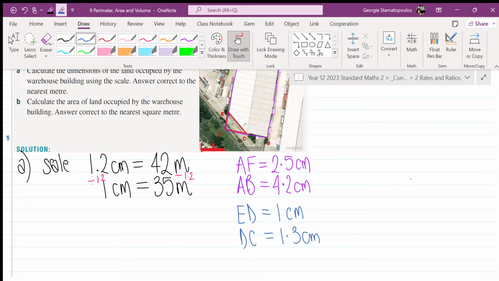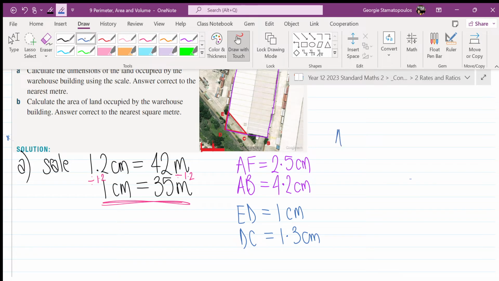So to find out what those measurements are, according to our scale here, we're going to multiply each of them by 35. Okay?